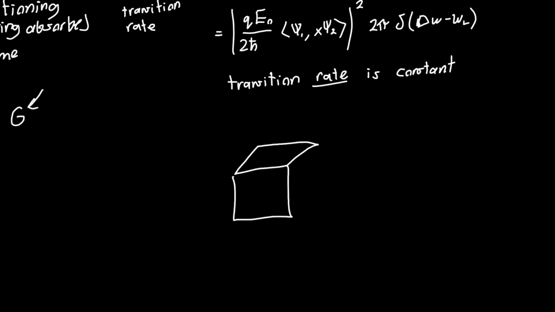We know from everyday experience that if we shine light on anything, be it a semiconductor or whatever, it's going to absorb a certain number of photons per unit time. But if we continuously shine light on this device, this semiconductor or whatever we have, it's going to start to heat up probably.